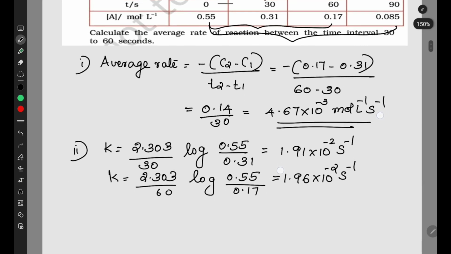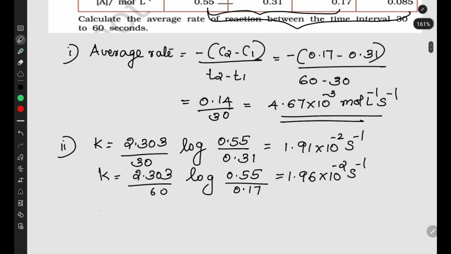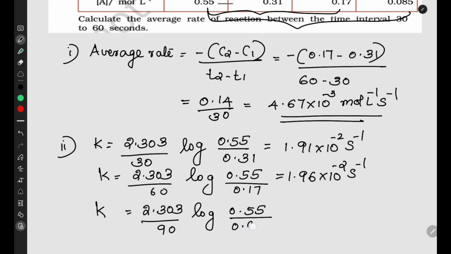And the third case, K is equal to 2.303 by 90 log 0.55 divided by 0.085. When we simplify, we will get 2.07 into 10 raised to minus 2 second inverse.